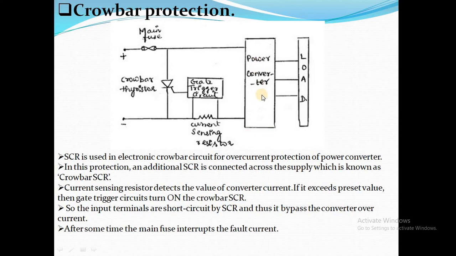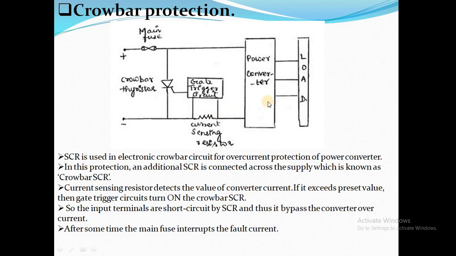If the converter current goes beyond the limit, and that limit is more than this preset value of the current sensing resistor, then this resistor will sense that current value. The current sensing resistor detects the value of converter current, and if it exceeds the preset value, then the gate triggering circuit turns on the crowbar SCR.